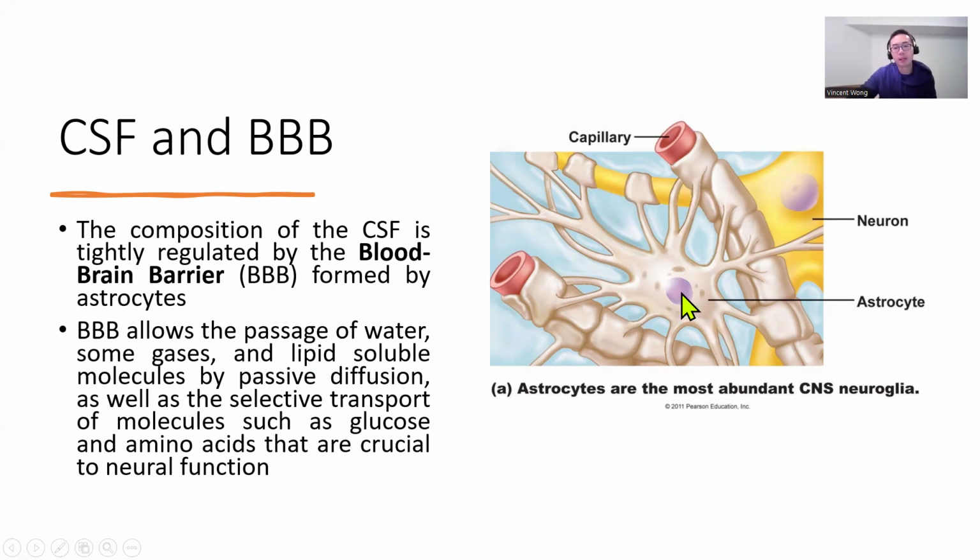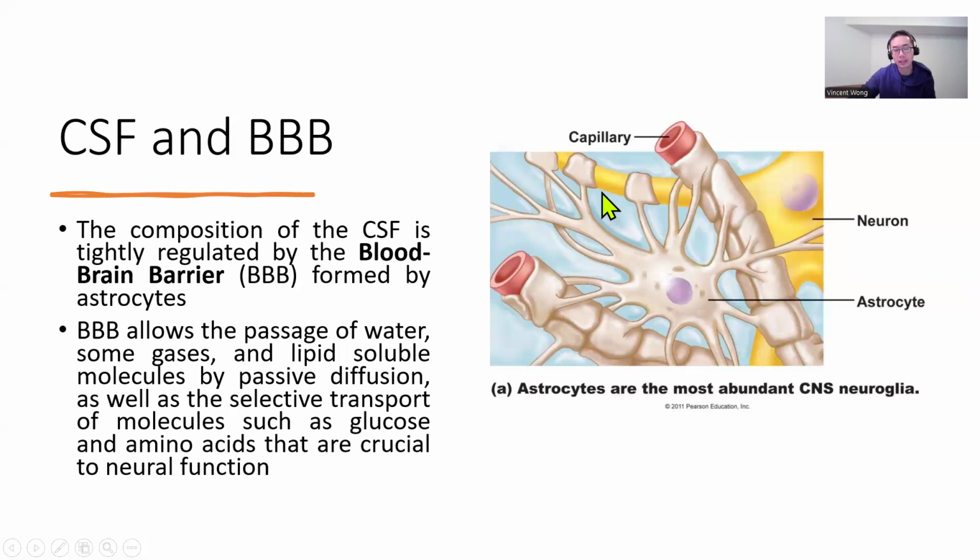So that's what the blood-brain barrier is. Okay, and the blood-brain barrier is pretty good at keeping most of the harmful stuff out of the system, and just letting useful nutrients go through. So water, gases, of course, like oxygen, lipid-soluble molecules, they all can cross.